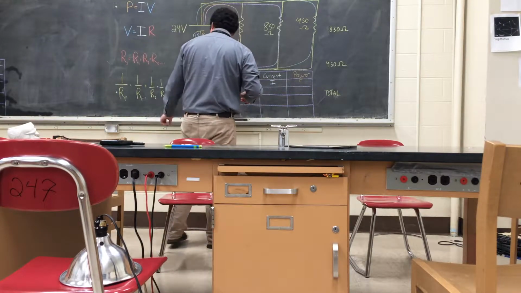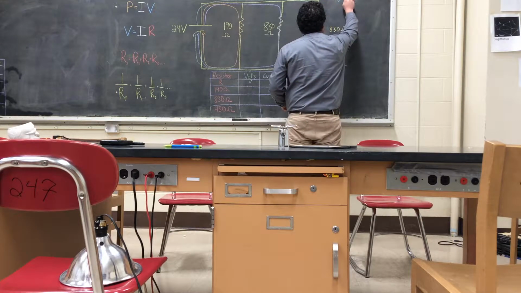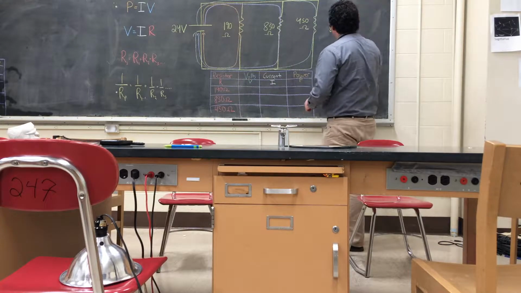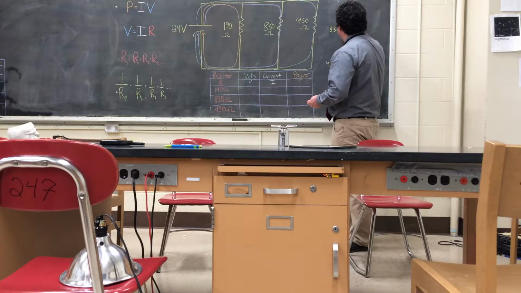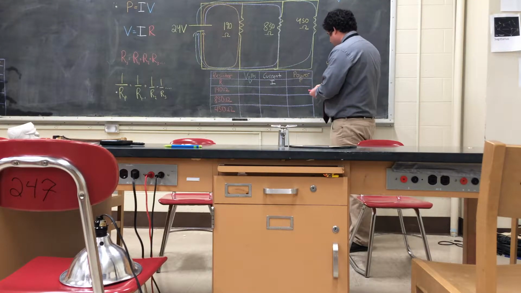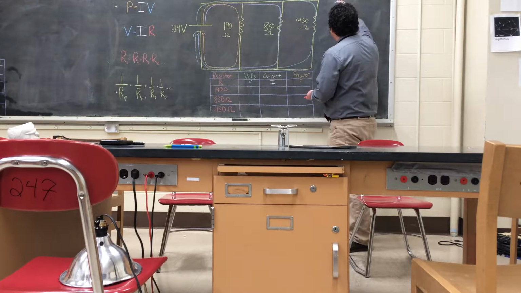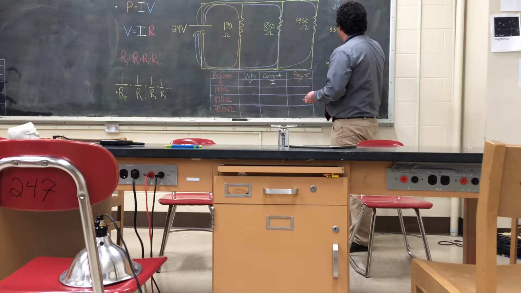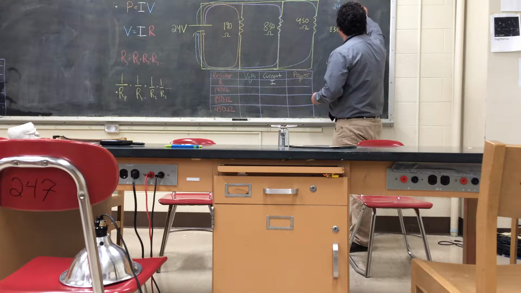So we've got V equals I times R. So in that case, the volts are 24. The amps are unknown. And the ohms is 190.